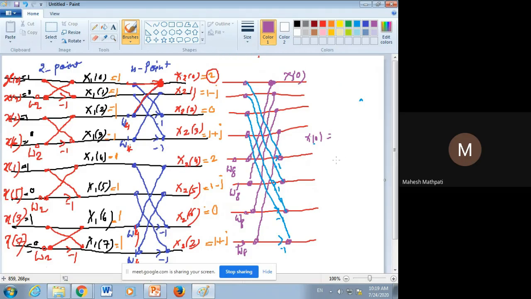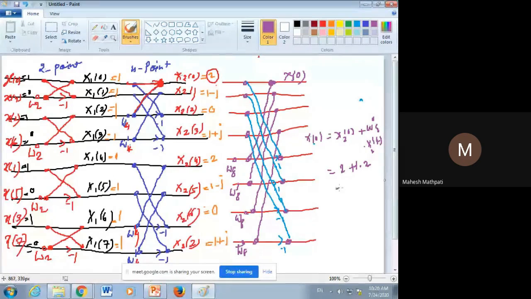x2 of 0 plus w8 to the power 0 into x2 of 4. Correct. Its answer is, आंसर कितना आता है? x2 of 0 is 2 plus w8 to the power 0 is 1. x2 of 4 का आंसर कितना है? 2. 2 है.